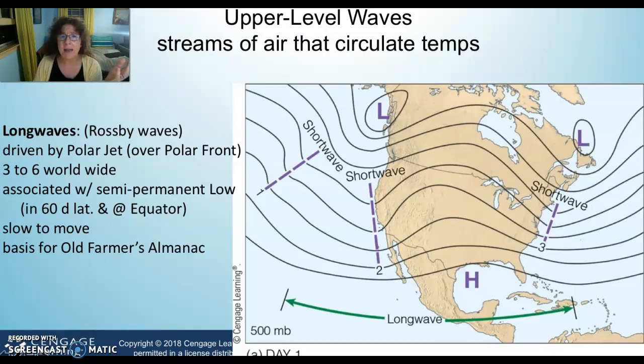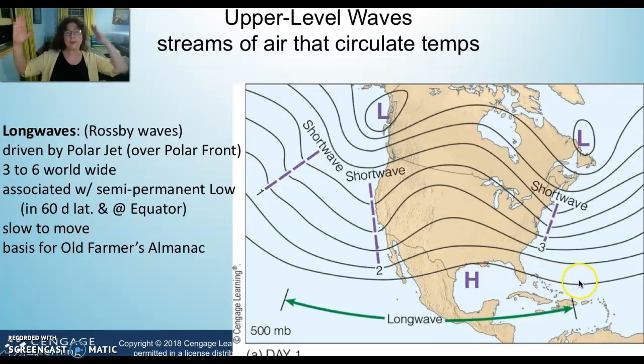At any given time across the world, circulating temperatures in the upper levels, there are 3 to 6 Rossby waves. These waves cover thousands of miles, obviously. Here's an example of one down here. This is a slight trough that you see associated with a semi-permanent low, a slight rise, and then another slight trough.